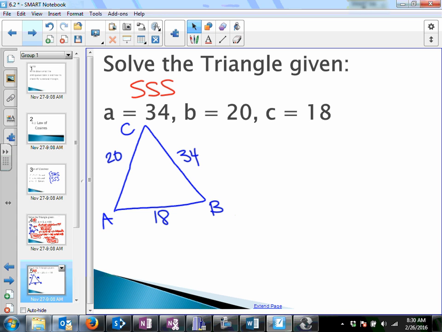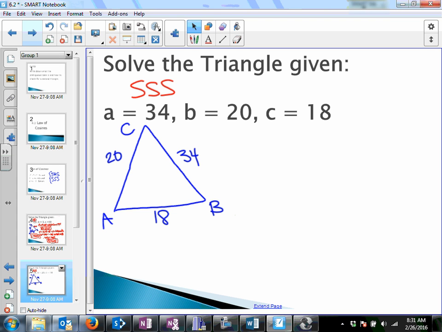However, if you could potentially switch to the law of sines, it's better to use the law of cosines for your biggest angle. With the law of sines, the only way to get the obtuse angle is the ambiguous case, because our inverse sine doesn't give us an obtuse angle. It only gives us a measure between 0 and 90 degrees, or really negative 90 to 90 degrees. So the law of cosines is best for an obtuse angle.